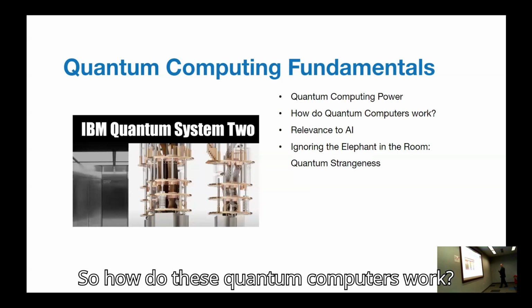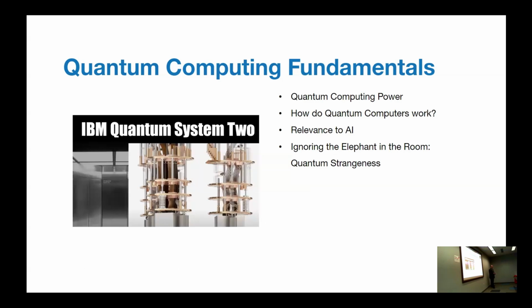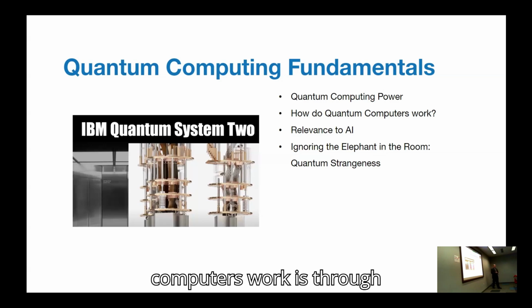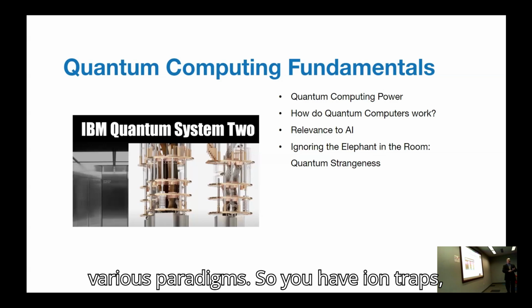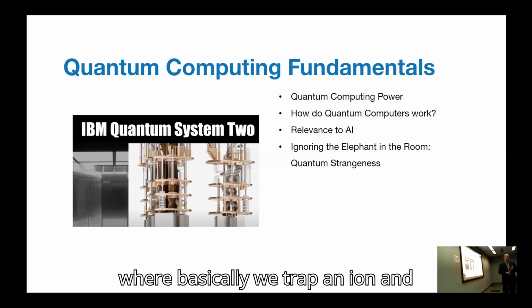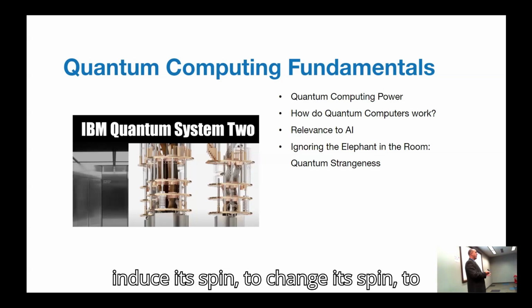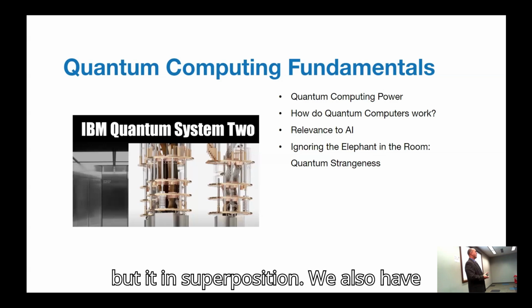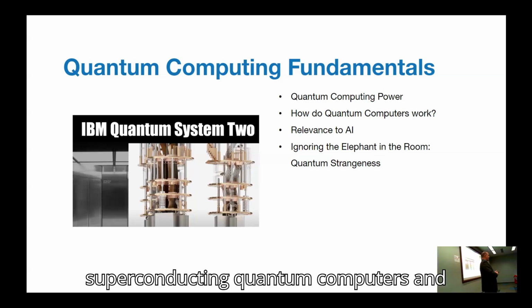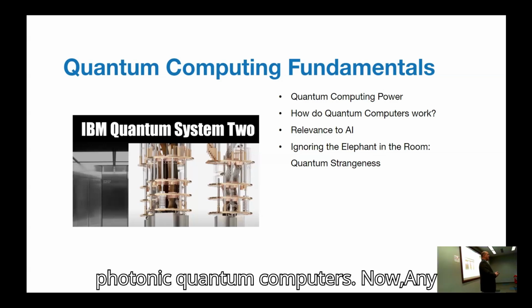So how do these quantum computers work? All right. So the way these quantum computers work is through various paradigms. So you have ion traps, where basically we trap an ion and then we perform operations on it to change its spin, to put it in superposition. We also have superconducting quantum computers and photonic quantum computers.